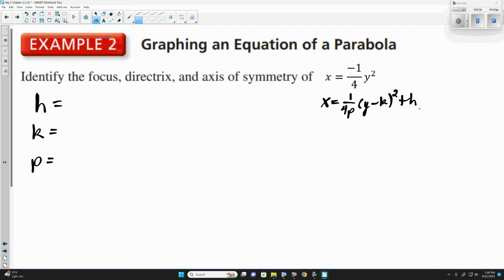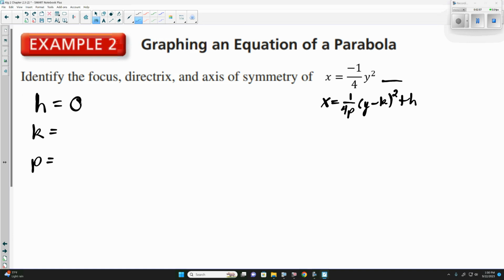Now if we look at this, again, I've already said every problem for this section, the values of h and k are going to be 0. But if we weren't told that, we'd look and see that there's nothing being added onto it. Since it's not there at all, the value of h is 0.